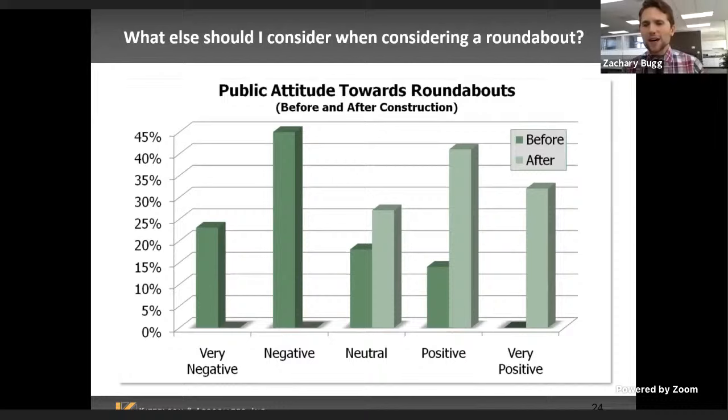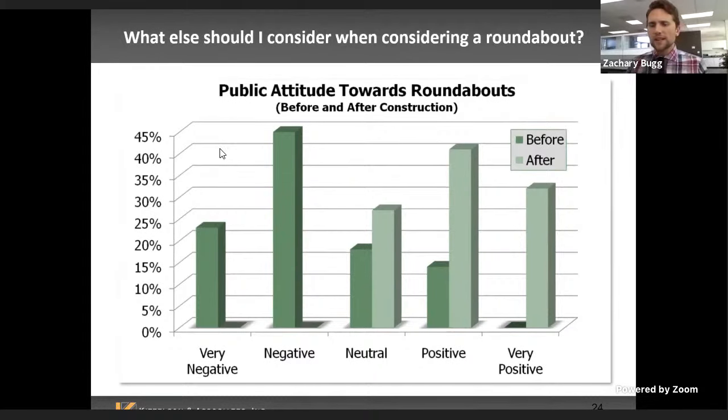So, think about your relatives, your grandparents, your parents, how they feel about roundabouts, and then ask them if they've ever actually driven through one. My guess is once you're familiar with it, once it becomes the known, the attitudes shift pretty quickly towards the benefits.